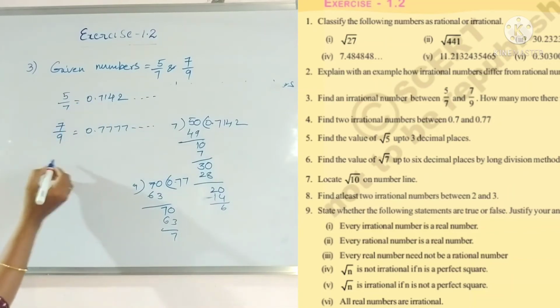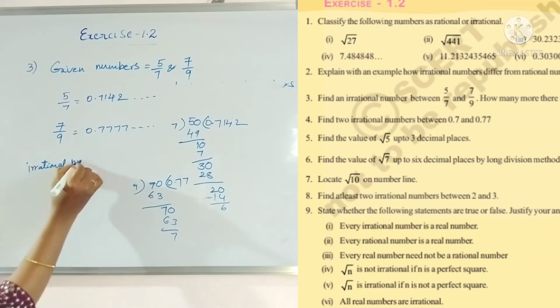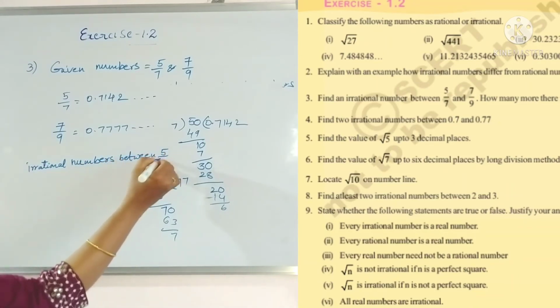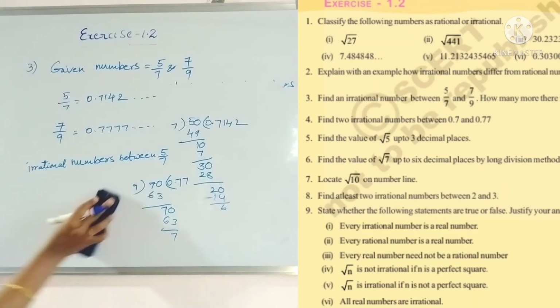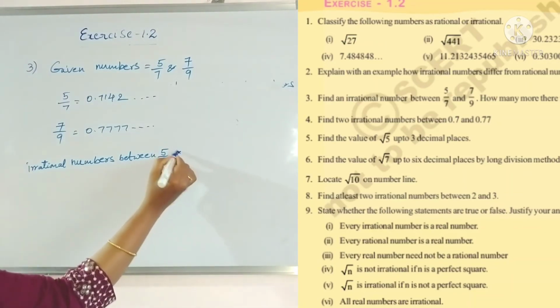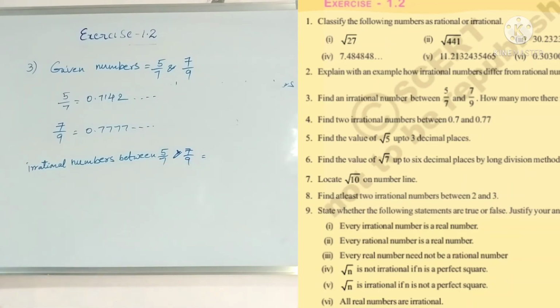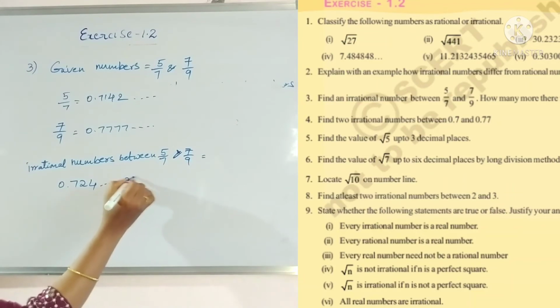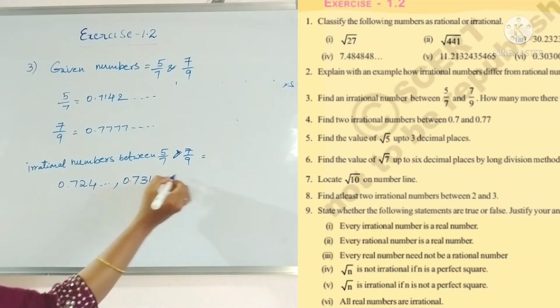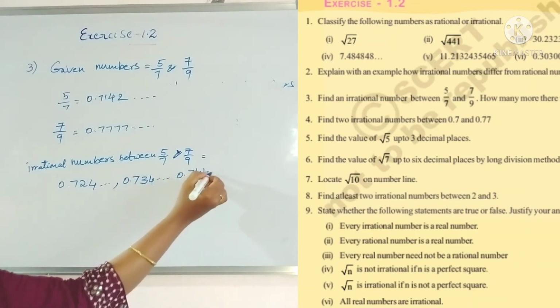So we can write irrational numbers between 5/7 and 7/9 as: after 0.71 we can write 0.72 something, 0.724 and so on, and 0.73, 0.74 and so on, next 0.744 and so on, right?